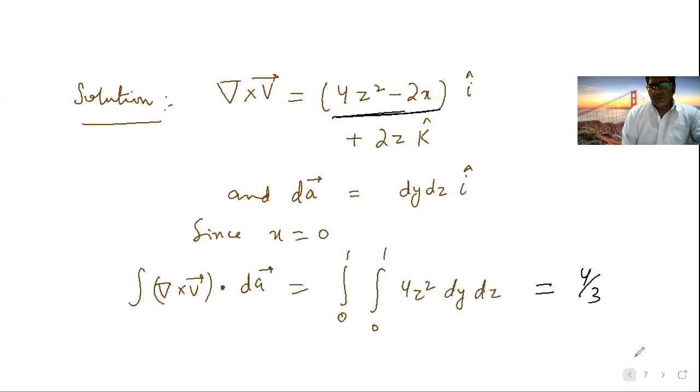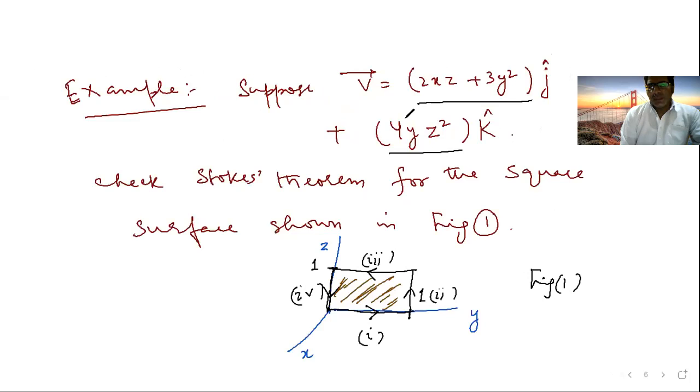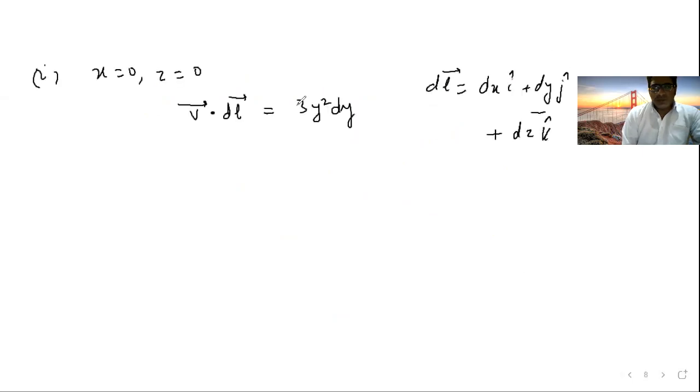The y component of the vector field is 2xz plus 3y squared. Now since x is 0, this term will vanish. Only 3y squared will remain in the integral. That's where I have 3y squared dy.